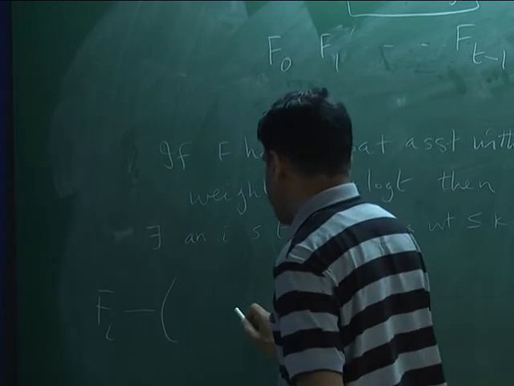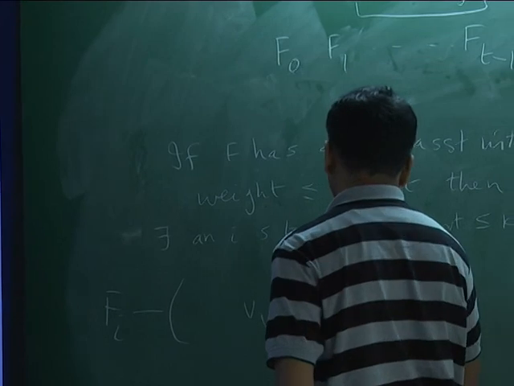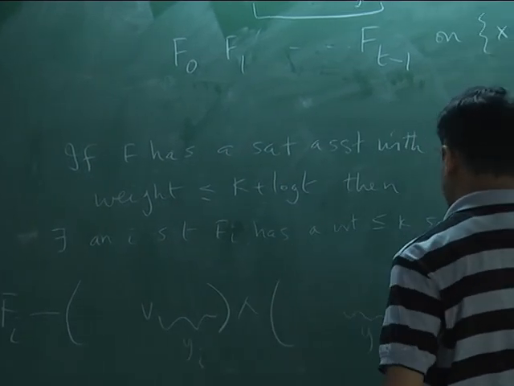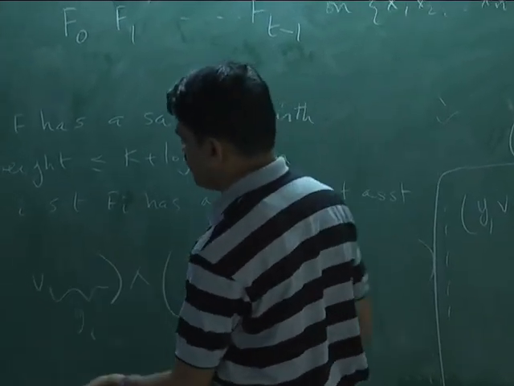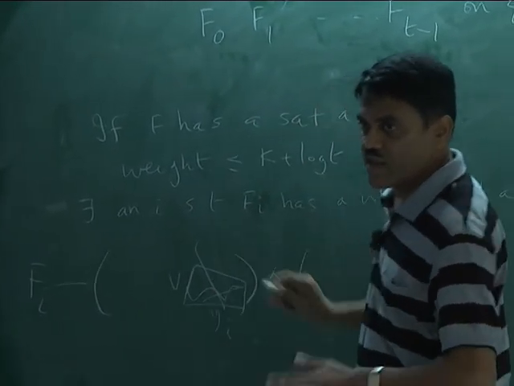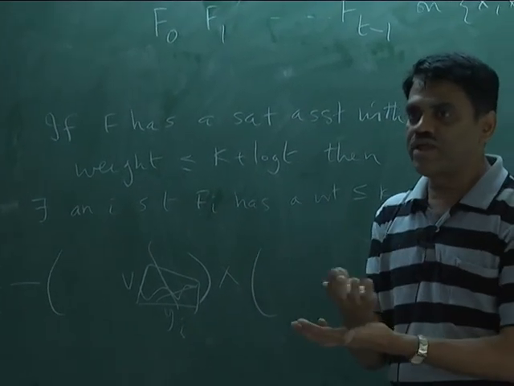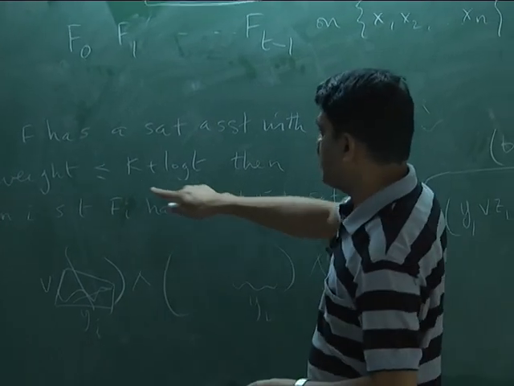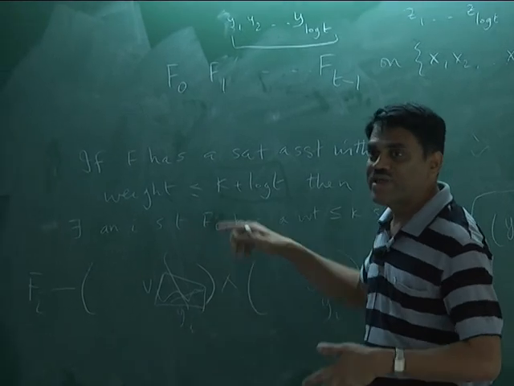Each clause has some yi variables, and I chose this fi because these yi variables are all set in a way that this clause does not help. So my original formula is satisfied with whatever remaining weight. But what is the remaining weight? The total weight was k plus log t, k plus something.